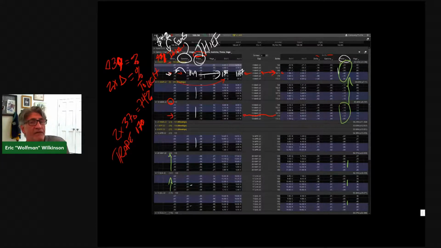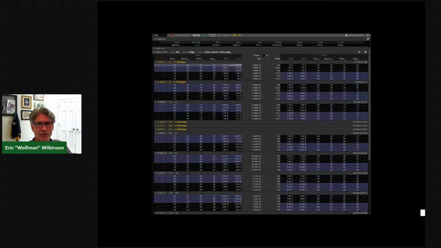I've already talked about what Vega's doing, right? We already know that Vega for this underlying is pretty low. It's not super low, but it's pretty low. If it was super low, then we would be thinking we need to really be buying, right?